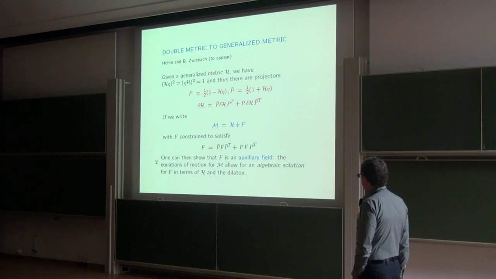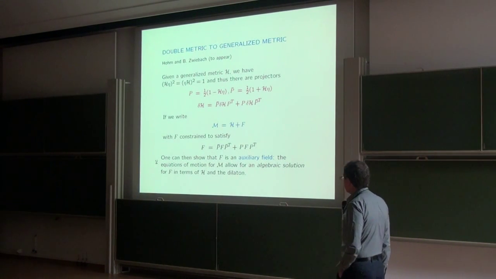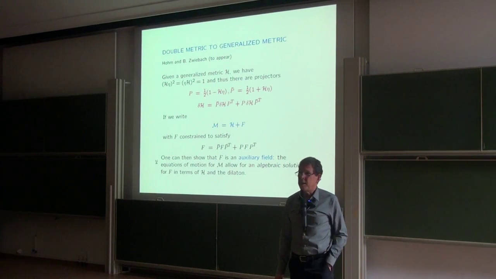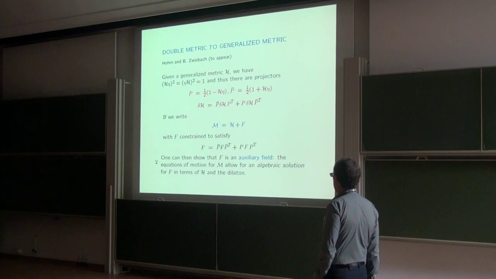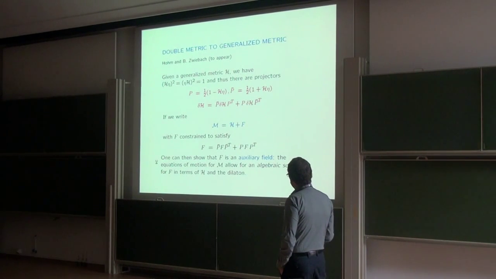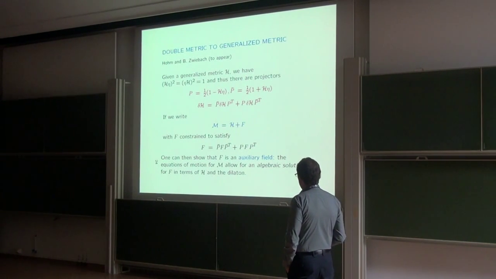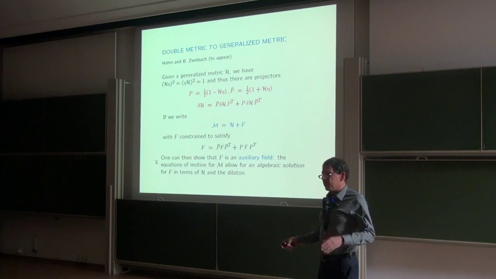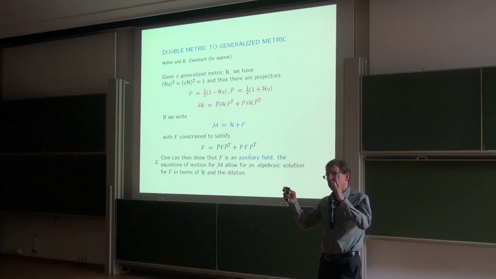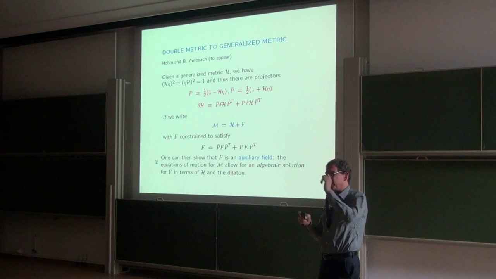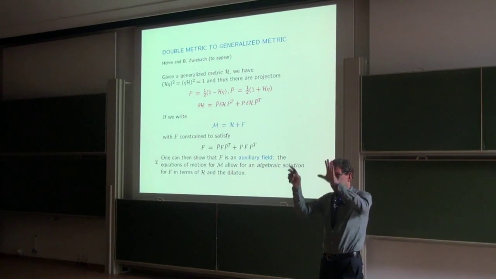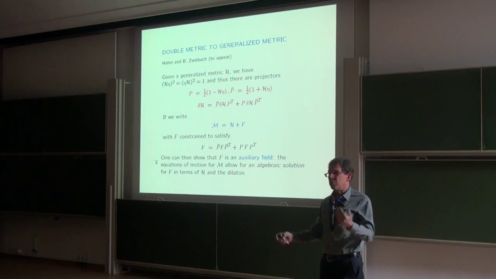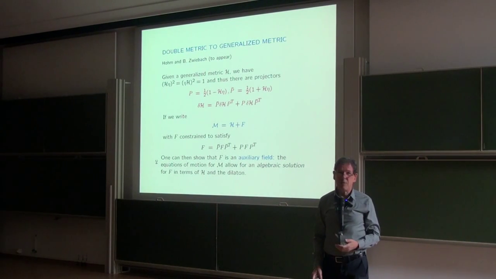So this is discussed in a couple of papers that will appear, I think, this week, and done with my friend Olaf Hohm. And let me tell you a little of what's going on. The generalized metric encodes the metric and the B field. The double metric is as big as the generalized metric, but is not constrained, so it has more degrees of freedom.